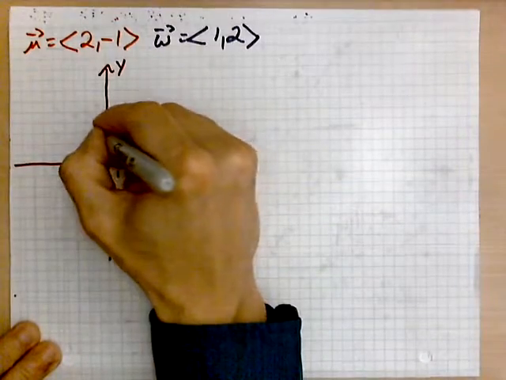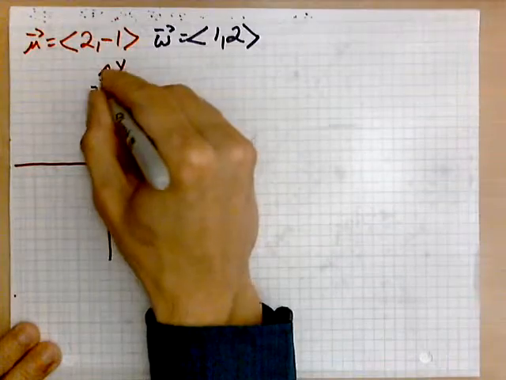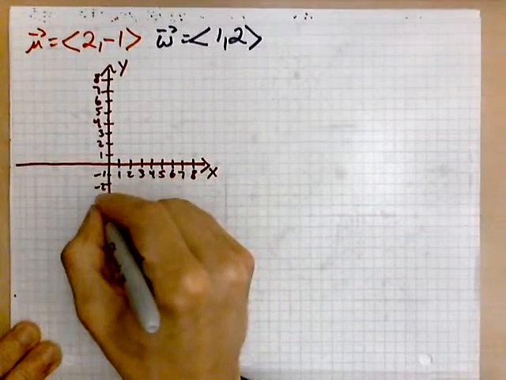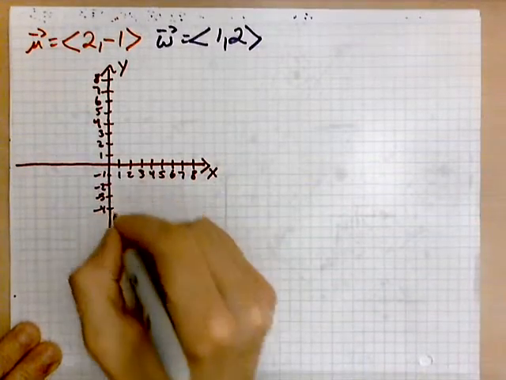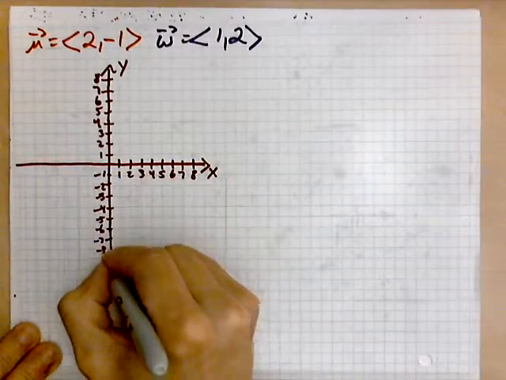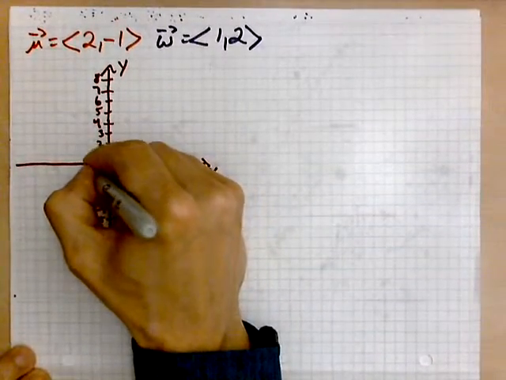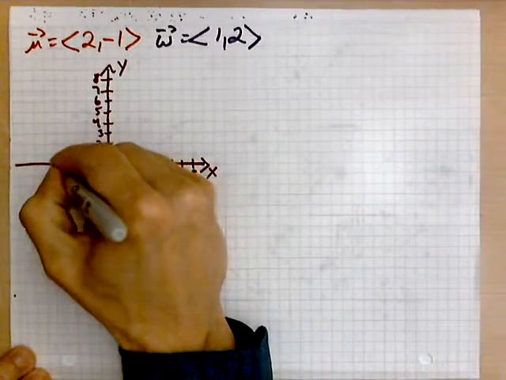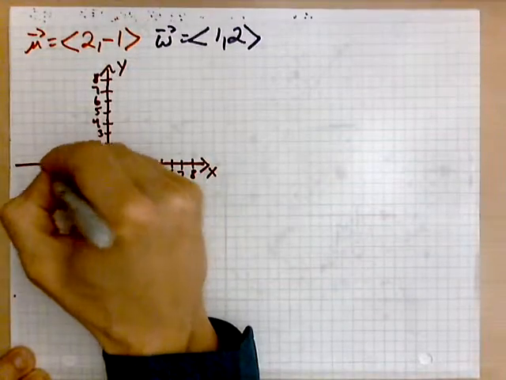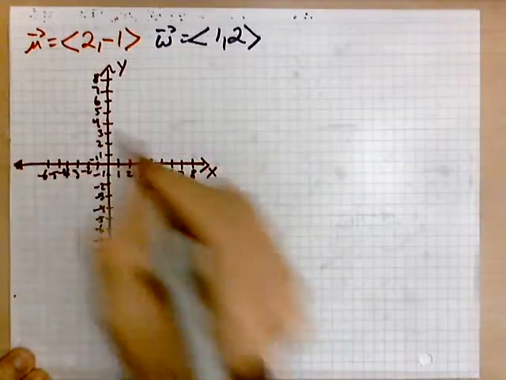And -1, -2, -3, -4, -5, -6, -7, -8, and so on the left. Right? So this is our little coordinate system.